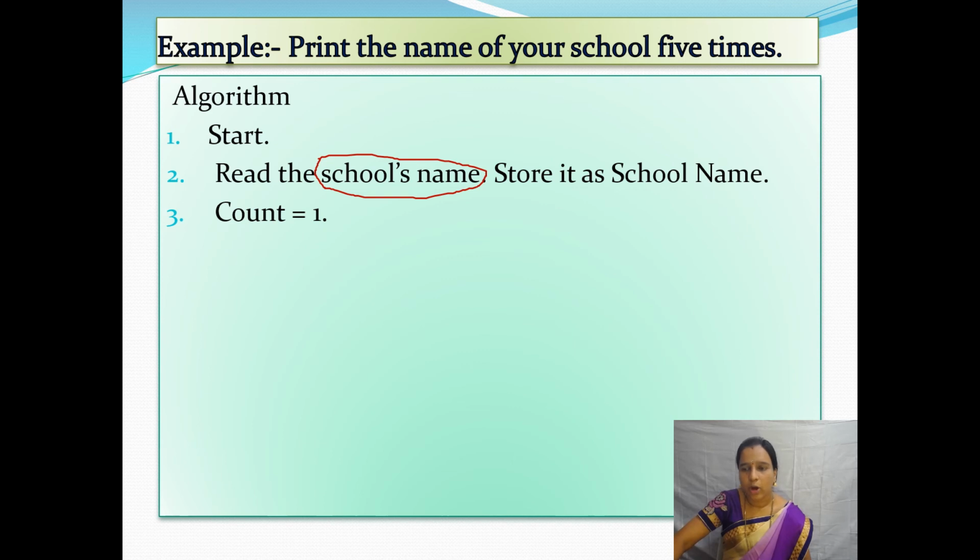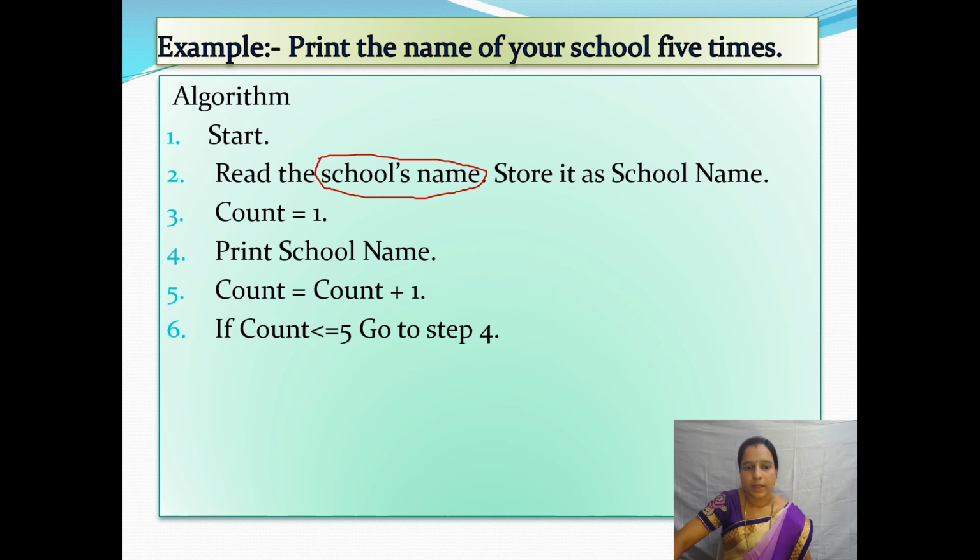Then count how many times you want to print, 10 times, 20 times, 5 times, that is left to you. So count equals 1. First we will start from 1, then print school name. Then count equals count plus 1. Then how many times are we looping? 5 times. So if count is less than or equal to 5, go to step 4. Then stop. This is the algorithm.